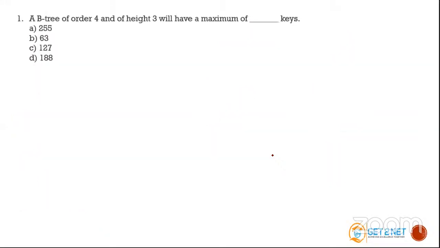MCQs. As usual, after some part, I give some MCQs. Give me the answers. A B tree of order 4 and height 3 will have a maximum of dash keys. Order is 4. Height is 3. What will be the answer? Take some time and try.